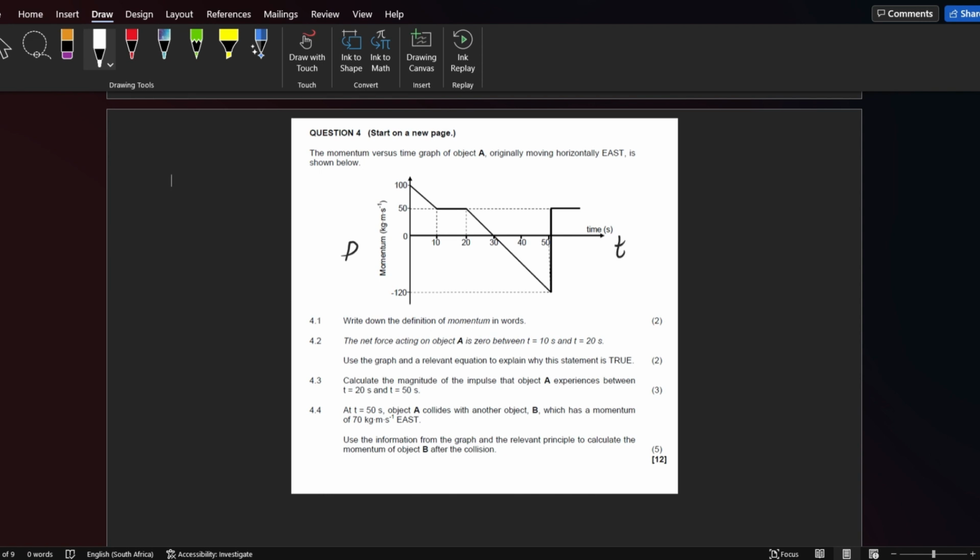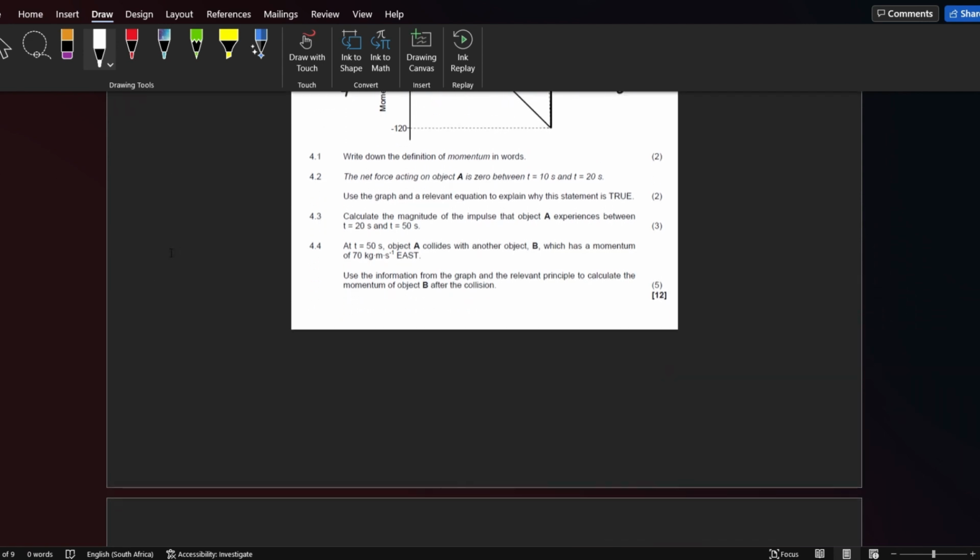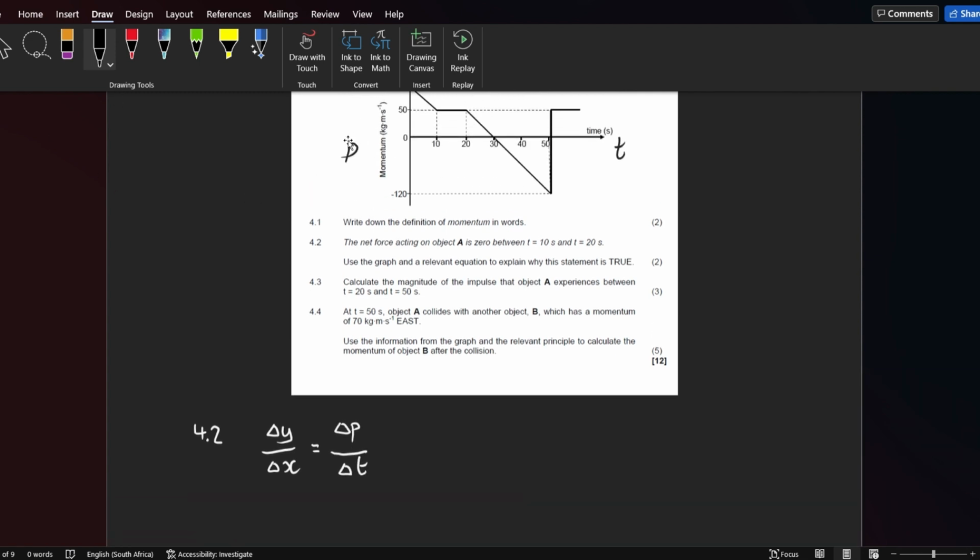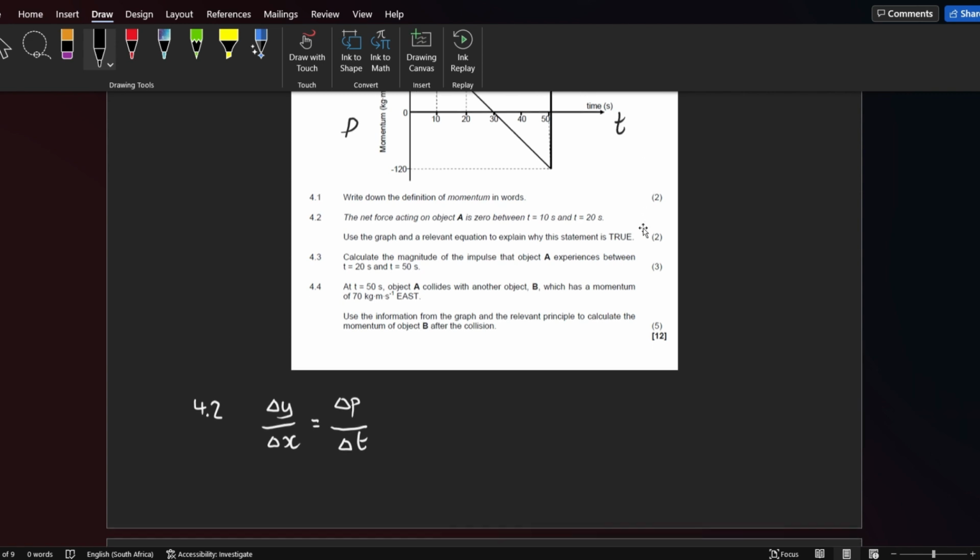So the gradient of this graph, gradient is given as delta y all over delta x, will be the change in momentum all over the change in time. Why? Because our y variable is momentum, our x variable is time.